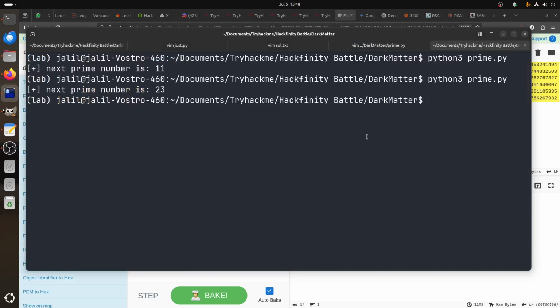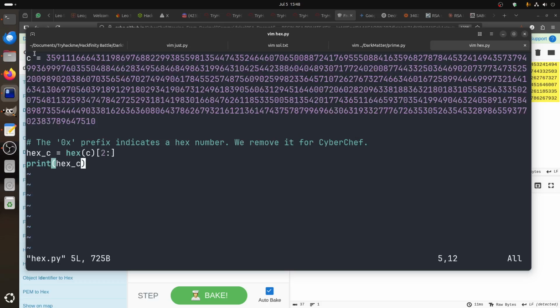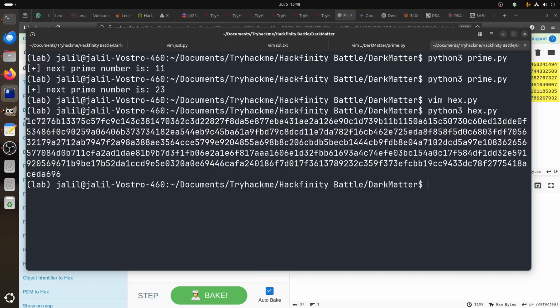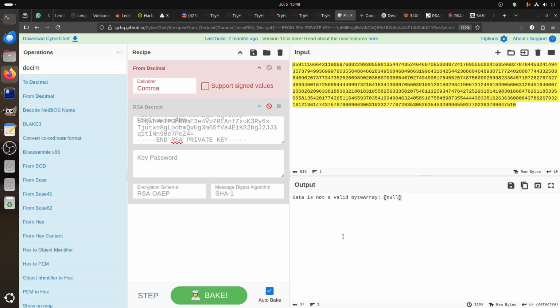One way that works for me is this little Python script. If I give it the value and tell it to convert it to hex, look at the value we get. If I run this script, now we get the hex value, but I don't know why From Decimal doesn't work. It's only space.